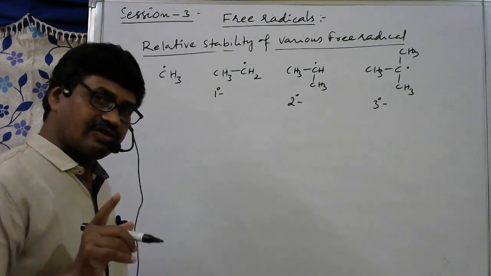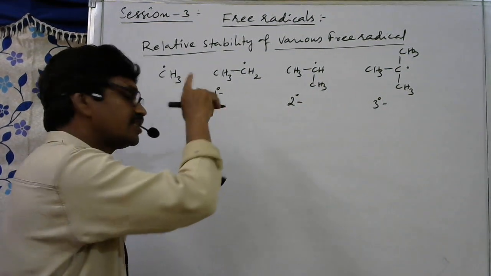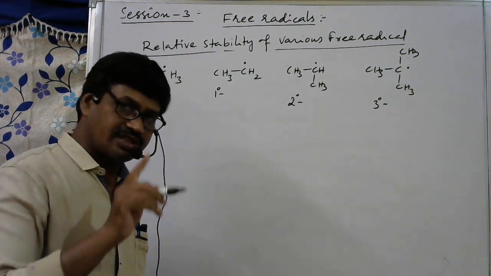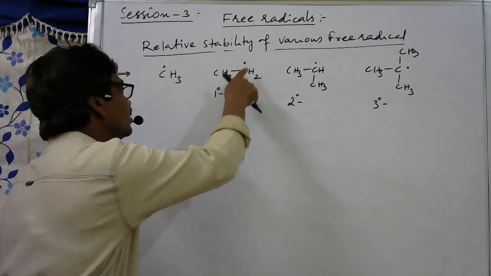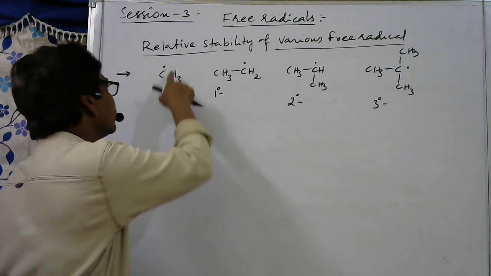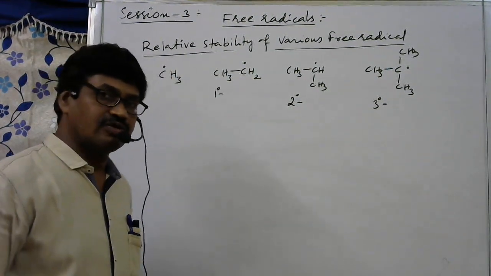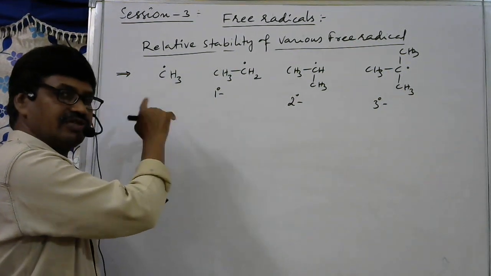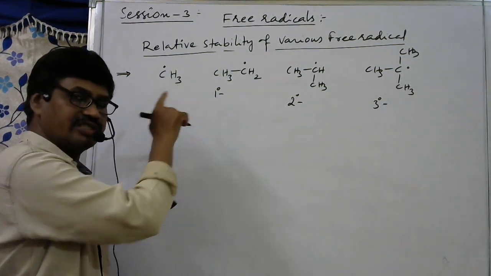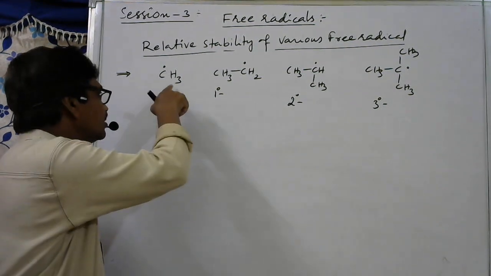If electron deficiency is compensated, not electron density. Here one electron is deficient. Here also one electron is deficient, because total number of electrons with respect to 3 hydrogens on one carbon: between one carbon and one hydrogen there is a bond. How many bonds are there? 3.